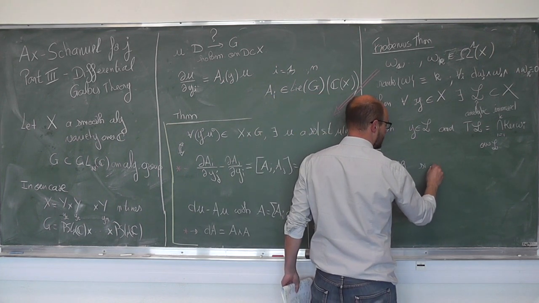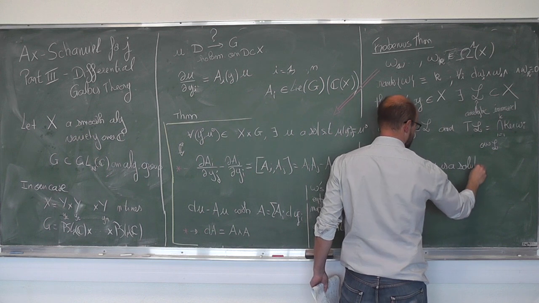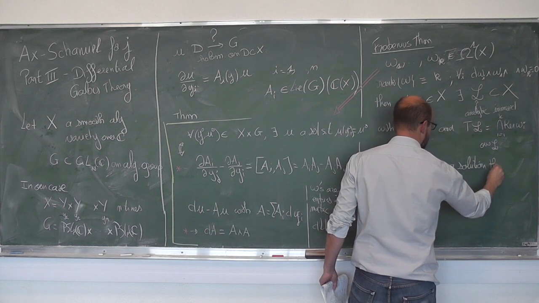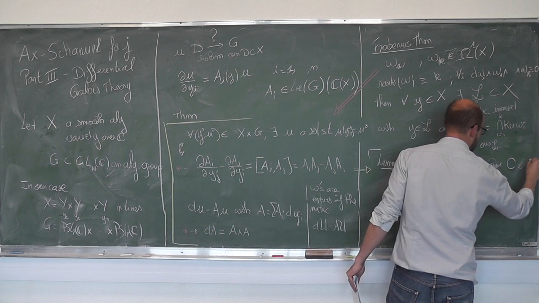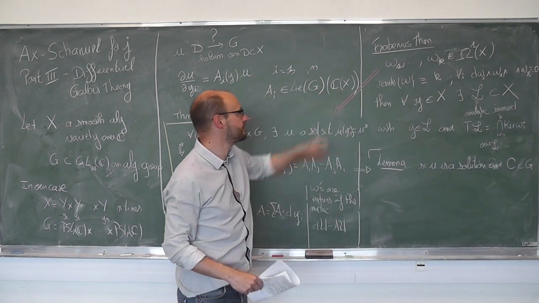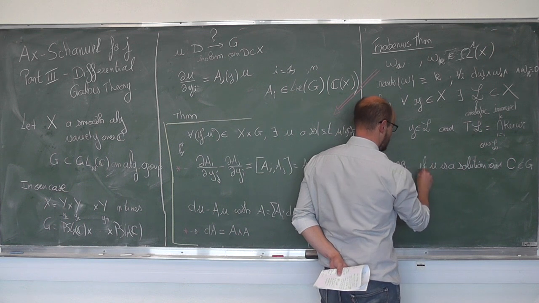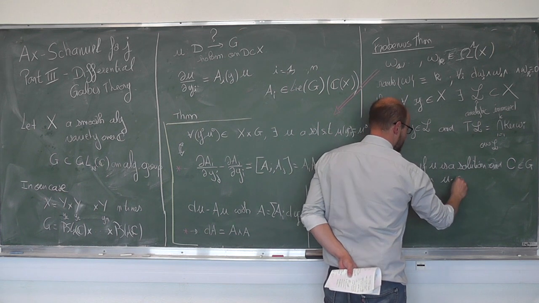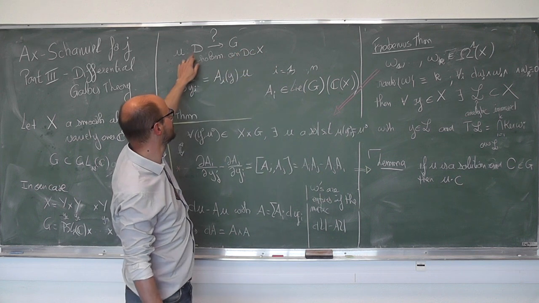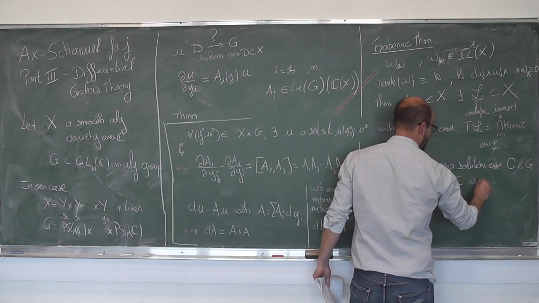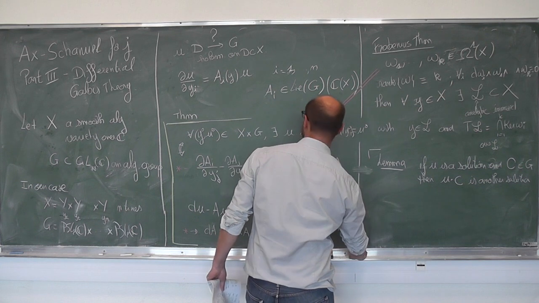If U is a solution and C is a constant matrix in G, you see that these are non-constant matrices, and now you take really a point in G. Then U times C, meaning that your functions times on the right a constant matrix, which is a new function here, is another solution. This is a consequence of this formula.